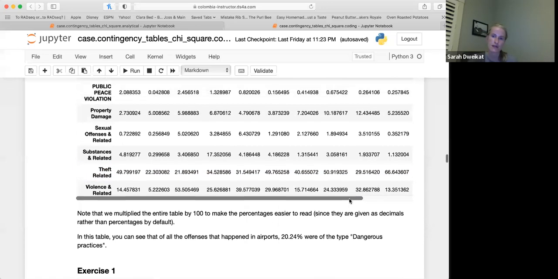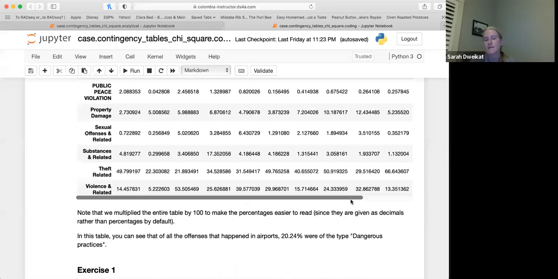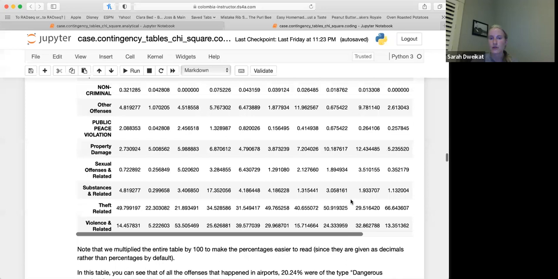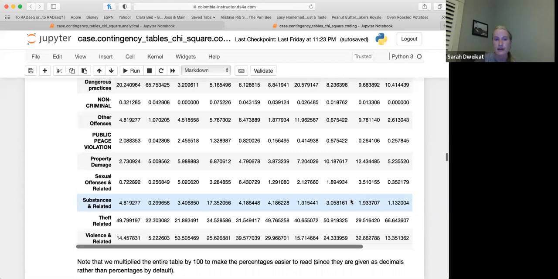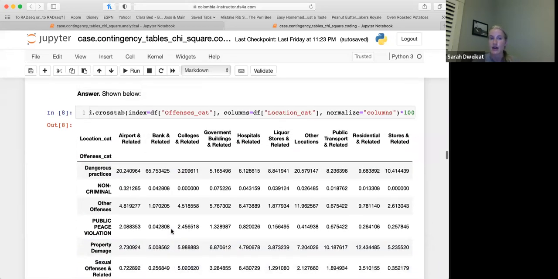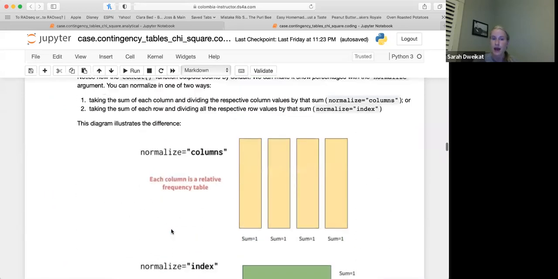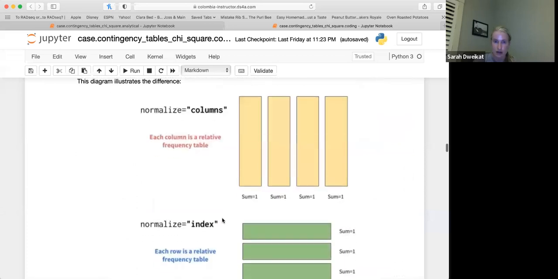And then just as a reminder for our contingency tables, while you're working on the code, because I know we talked in the last lecture about our actual table versus our null hypothesis table. What we're calculating here with crosstab, just to clarify, is our actual data. This was pulled from our raw counts, the data that actually occurred.